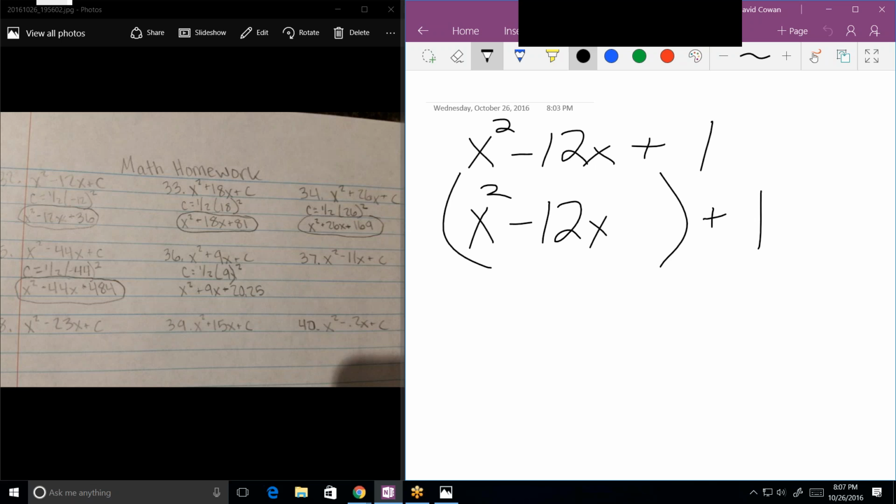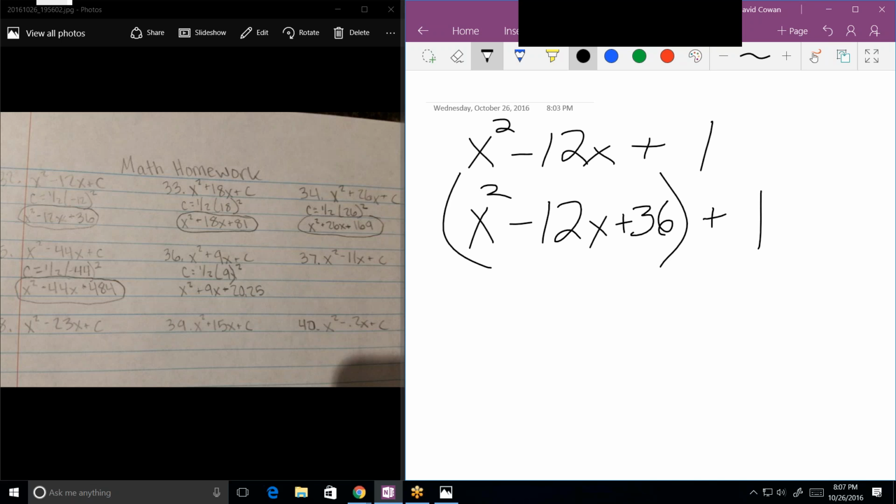What you do is you take half of the coefficient of the x term and square it. What is that? It's 36. And you always add it. Now I just changed the expression.